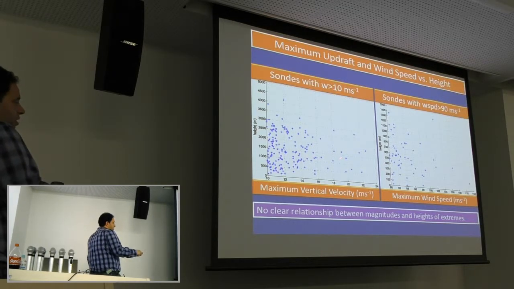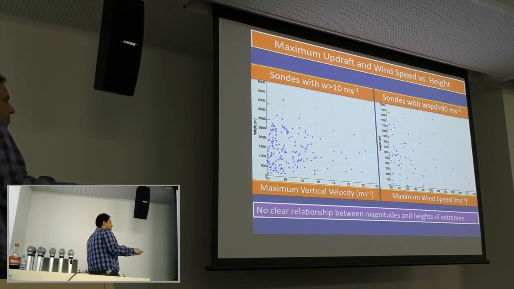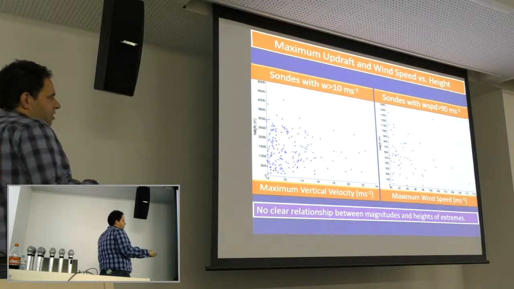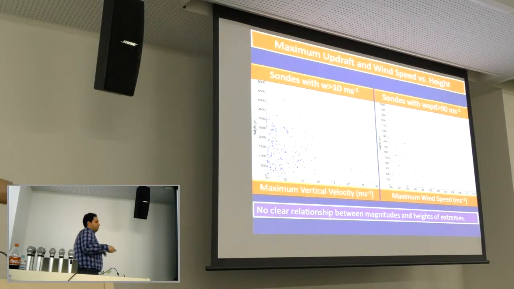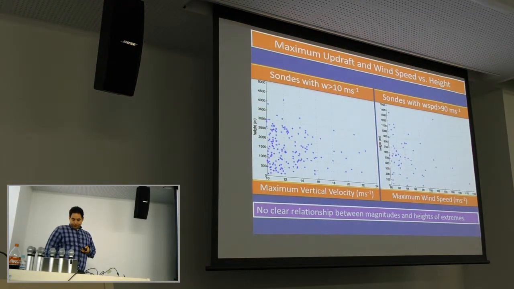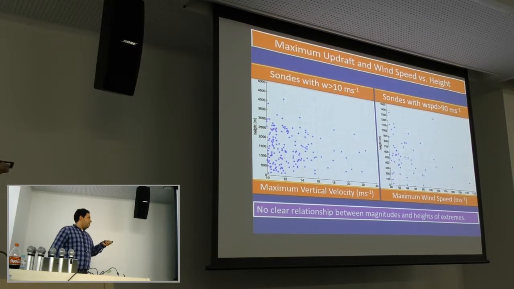And also, there isn't an obvious relationship between the magnitude of the peak updraft and the height at which it's found. And similarly, there isn't a clear relationship for the peak wind speed magnitude and the height at which it's found. And it's possible that limited sampling is also contributing to this.